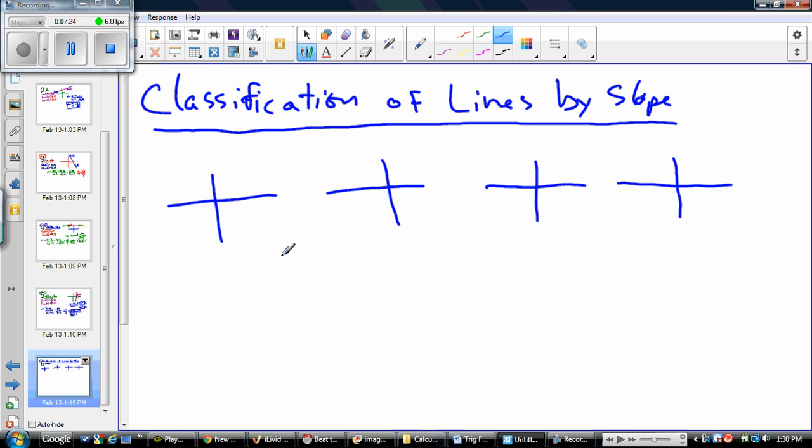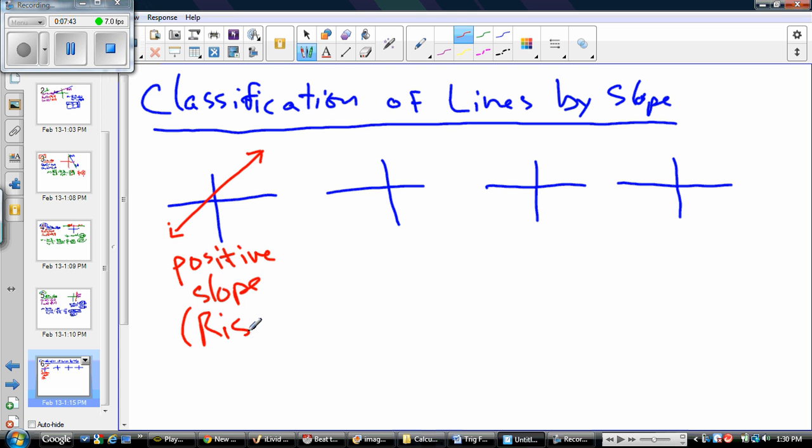And so now, how do we classify lines? Well, any line that looks like this has a positive slope. So any line that rises from left to right. And this is when slope is greater than 0 or positive.